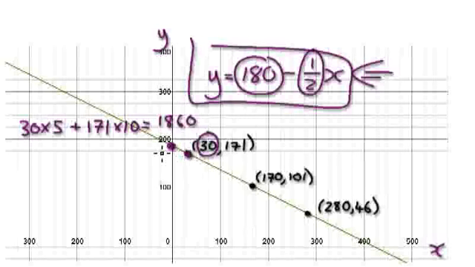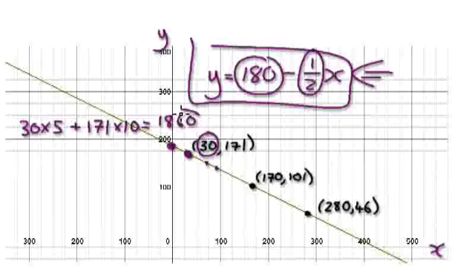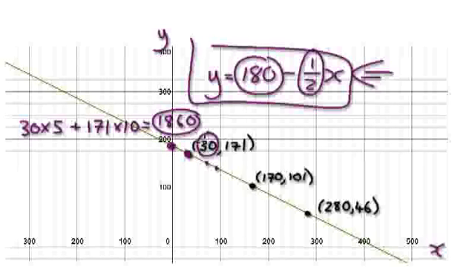You can select any point on this line and it will give you a value of 1860.